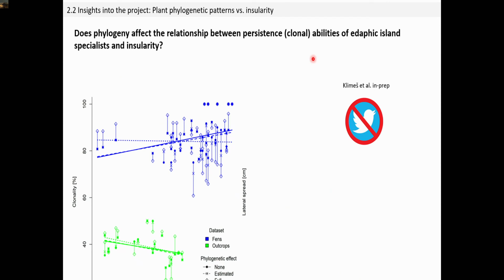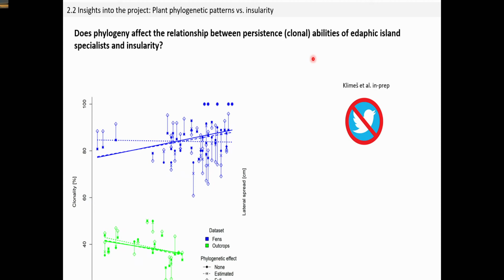Okay, the story of this paper is still a bit work in progress, that's why I'm asking. The question is that we are curious to know if there is a role for phylogeny in the expression of these traits, which are partly related to persistence.